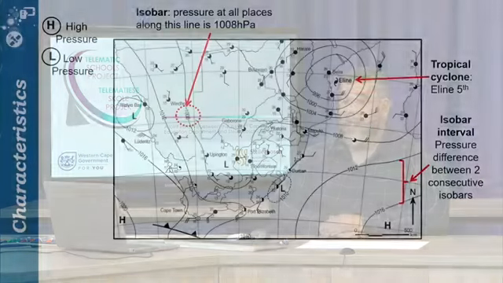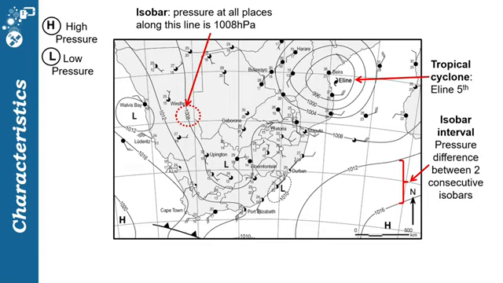Right. What else do we need to be able to identify on our synoptic weather map? The isobar interval. In other words, you can be asked, what is the isobar interval, or isobaric interval, they sometimes say, of this map? Very simple. Just find two isobars that are consecutive and subtract the value of the two.